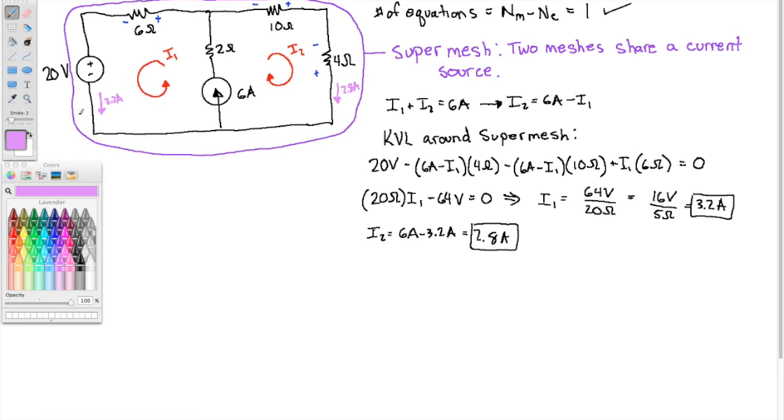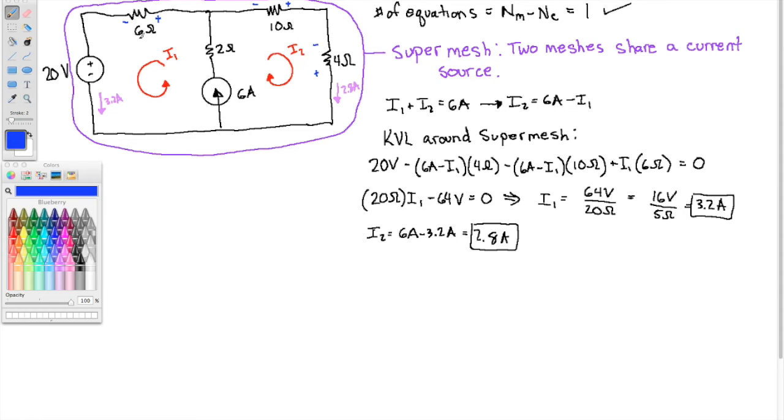Now let's get the voltages everywhere across each component. So across the 6 ohm resistor, we have 3.2 amps going through 6 ohms. So the voltage across this resistor is the multiplication of that.